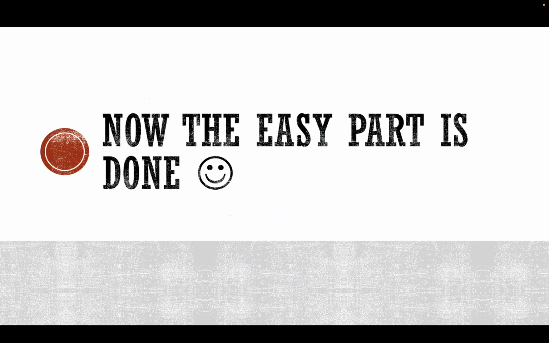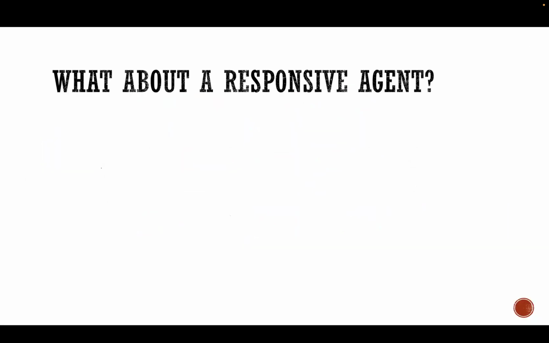Okay, now the easy part is done. So what about a responsive agent? We've played with agents that are only acting according to an internal rule. But we can try to formalize the win-stay, lose-shift kind of model, because that makes the loop necessary, since on a trial by trial level the agent is responding to its environment.